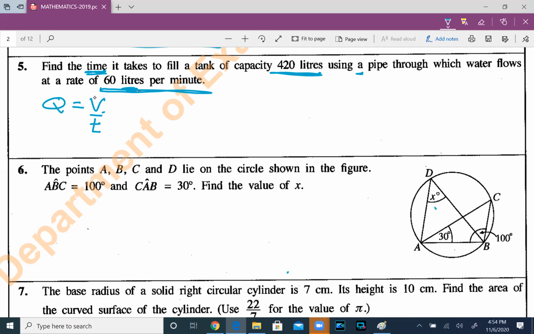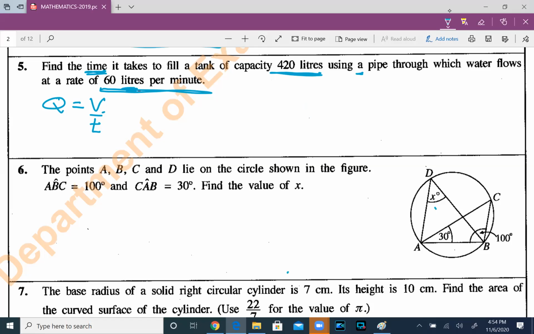The flow rate is given in liters per minute, where liters is a unit of volume, per means slash, and minute is a unit of time. So liters per minute means it is volume over time. If you don't remember, you can easily remind yourself like this.